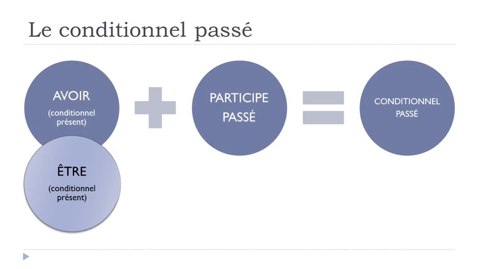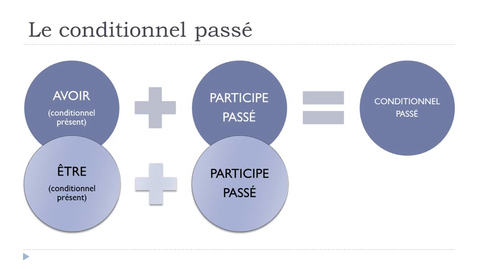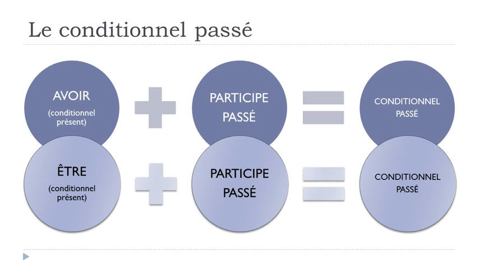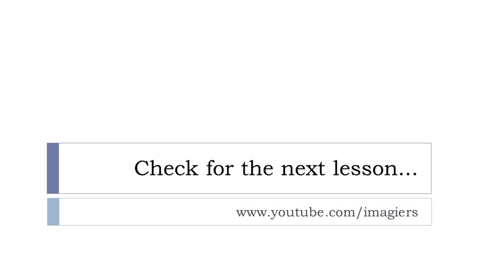In some exceptions, so we saw the list of verbs, you should really try to remember them by heart. I know it's not easy, but try your best. And then the reflexive verbs. For these exceptions, we will use être at the conditional present form, then the participe passé, and it will give you this conditional passé form. Okay, I hope it was clear.